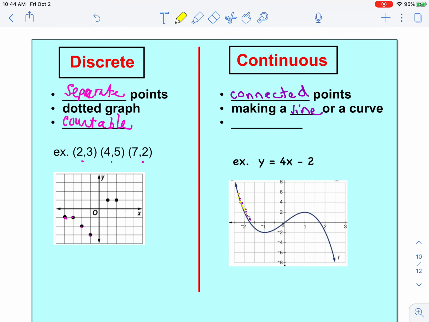So it's not countable, but instead we could measure it. It's measurable, we say. So when you graphed lines last year in slope-intercept form, y equals mx plus b, you plugged in values of a t-table and you graphed a line. That's measurable, that's continuous.